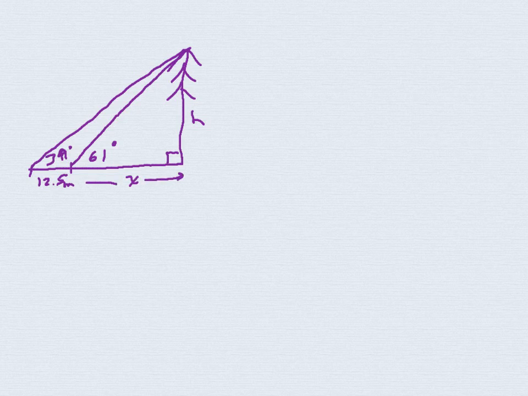We do know the distance from the 61 mark to the 39 mark is 12.5. Because the height is the opposite and the x is the adjacent, if we could use the triangle to solve that, we could use a tan ratio. The tan of 61 would equal h over x.